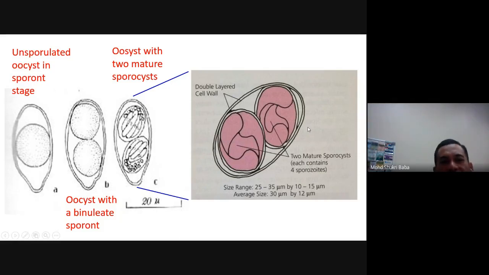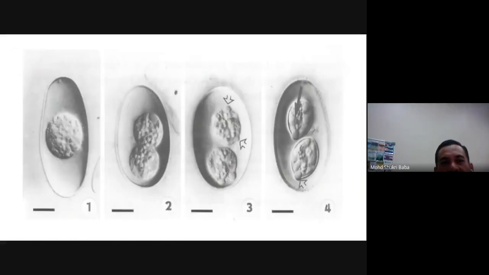So this is the gambaran daripada yang tak matang, immature, how it looks towards the maturity of the oocyst. Macam ni lah. So daripada yang pertama pergi kepada kedua, ketiga dan keempat.